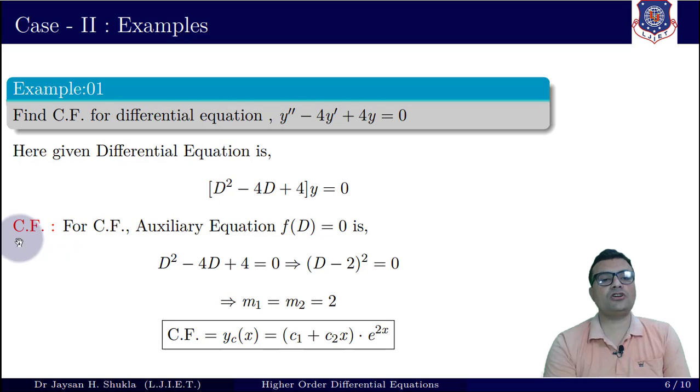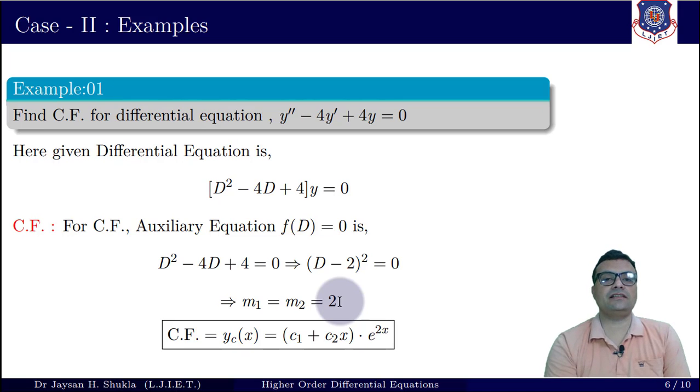Now to find the complementary function, let us take f of D equal to 0, which is the auxiliary equation, and that gives (D minus 2) whole square equals 0, as this is a perfect square, and that gives us m1 equal to m2 equal to 2. So this 2 is the real and repeated root.